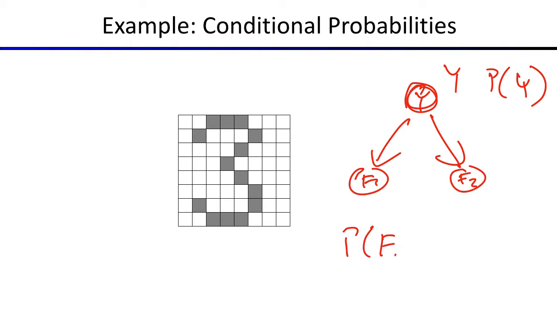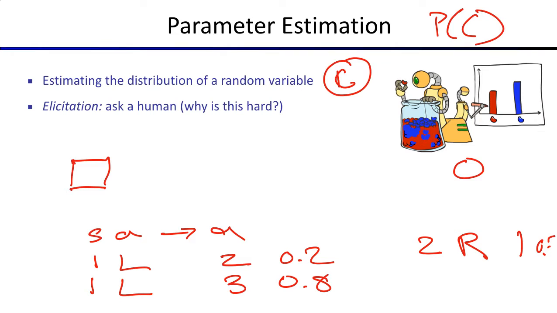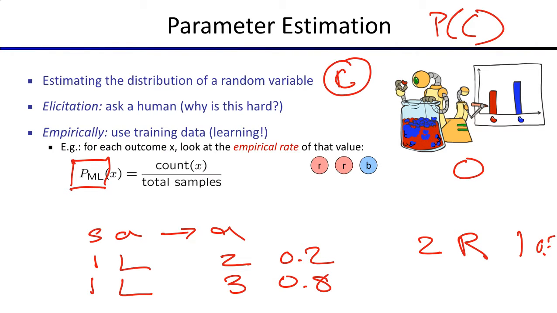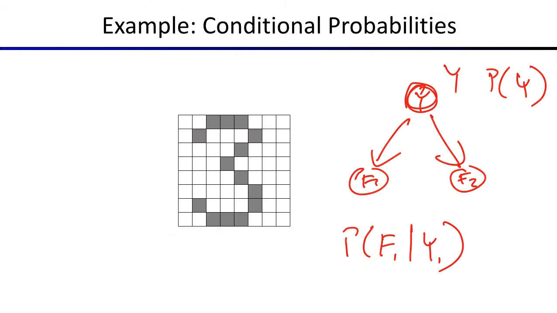P of f1 given y is going to be maybe a 4x4 table, which for each value of y that I saw in the training set was f1 on or off for that y. So these are the kinds of quantities that we want to collect. We're going to come back to this in much more detail momentarily, but I just wanted to have people have that in their heads for now.